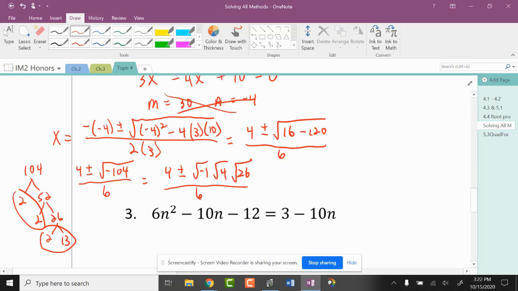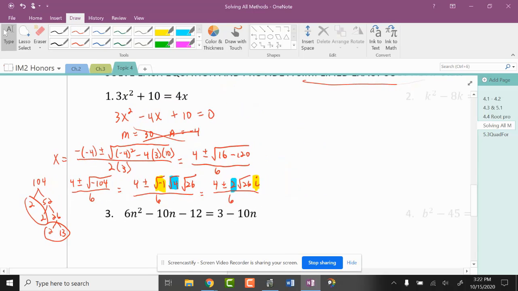All over 6. And then this is 4 plus or minus 2 root 26 i. I from this, 2 from this, right? All over 6. And then we have one reduction we have to do.